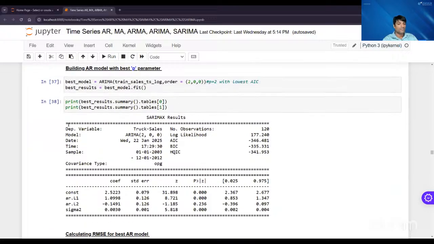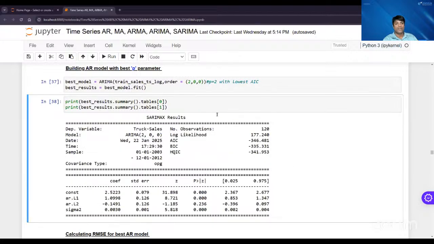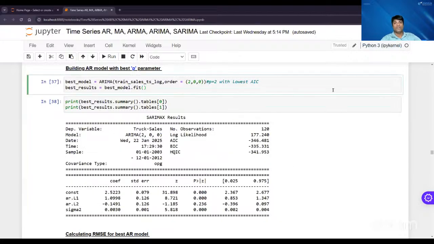So this is a very important table that we have built for the ARIMA model. The most important thing you can observe in this table is the value of the sigmas. For example, you can see the coefficient values, standard errors, the z values, then the probability of being greater than or equal to the z value, then your confidence intervals, from 0.025 to 0.975.